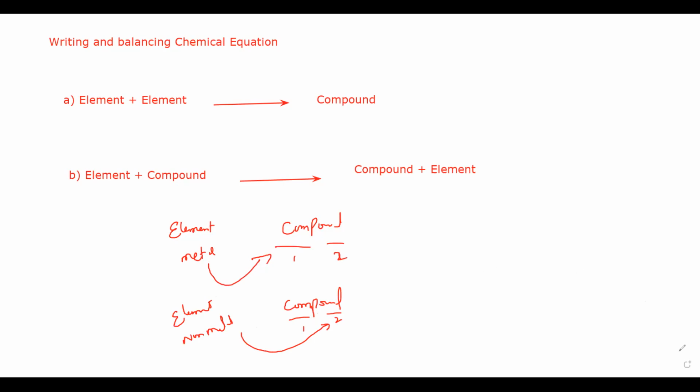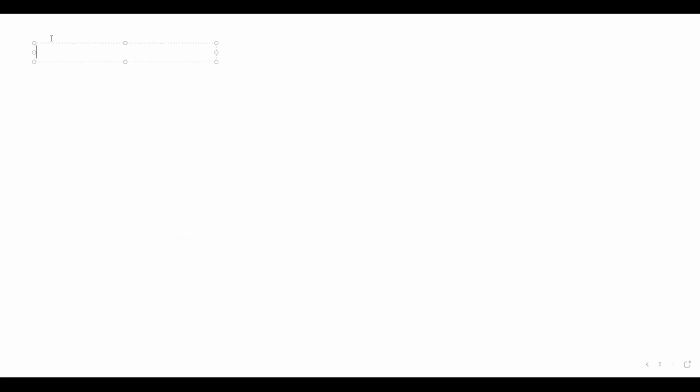Now the last case, in which a compound reacts with another compound. So when two compounds react with each other, this will result in the formation of two different compounds.